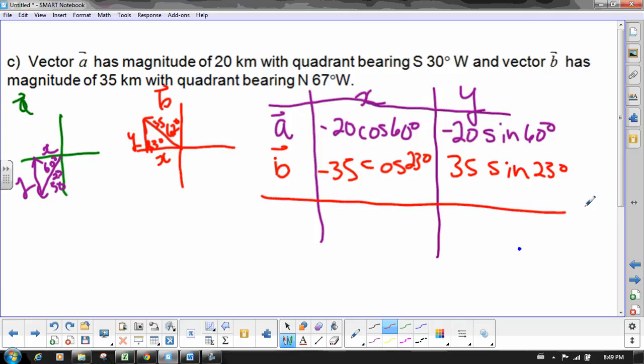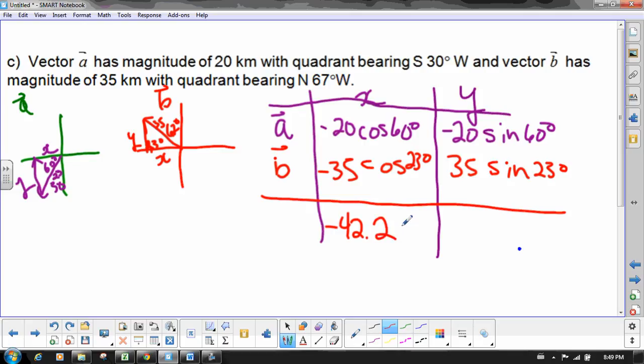So now I need to find my total. So when I add that together, I get negative 20 cosine of 60 minus 35 cosine of 23. So this value is going to be negative 42.2.